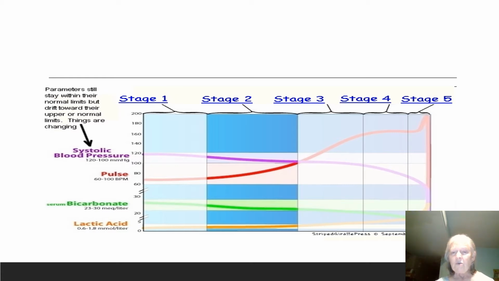We're starting to see the increase in the pulse rate. If you follow the pulse, it increases until you hit stage 5, at which point in time you're going to end up losing it. And then you can see with systolic blood pressure, you're holding on to it. About stage 3, we start to see it going down. By stage 5, it's met up with the pulse rate, and it's now going down toward the lower levels. Bicarb, for the most part, we're going to use that up, but the lactic acid is the other one that's actually going up.